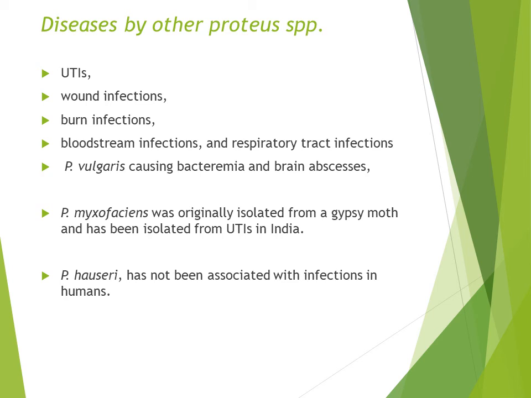Proteus vulgaris causes bacteremia and brain abscess. Proteus myxofaciens was originally isolated from a gypsy moth and has been isolated from urinary tract infection in India. Proteus hauseri has not been associated with infections in humans.